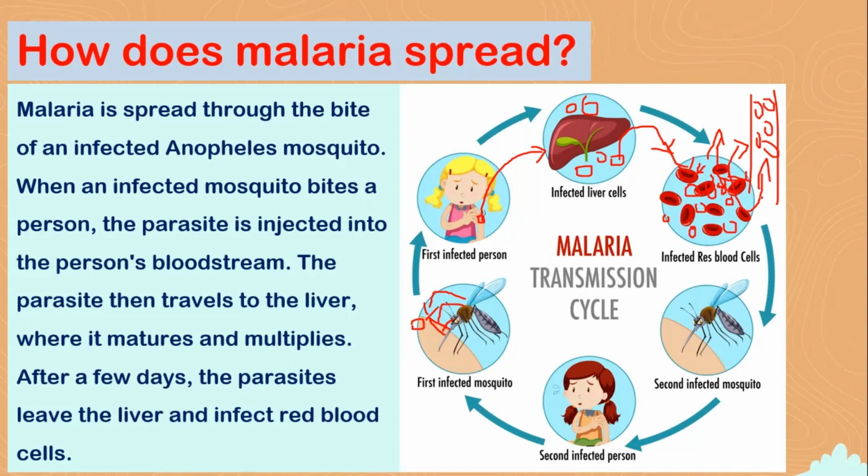The parasites can then infect other red blood cells. This process can continue for weeks or months, depending on the type of malaria. So that is why this is called the malaria transmission cycle. This cycle continues. That is why we call it a cycle. So let's move on to the next slide.